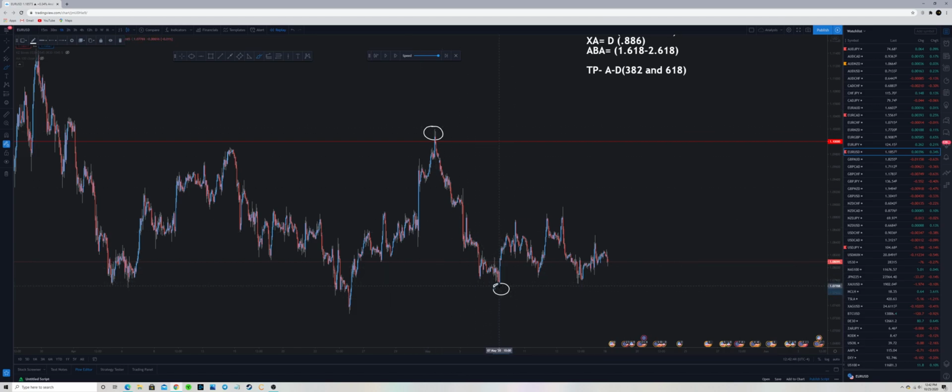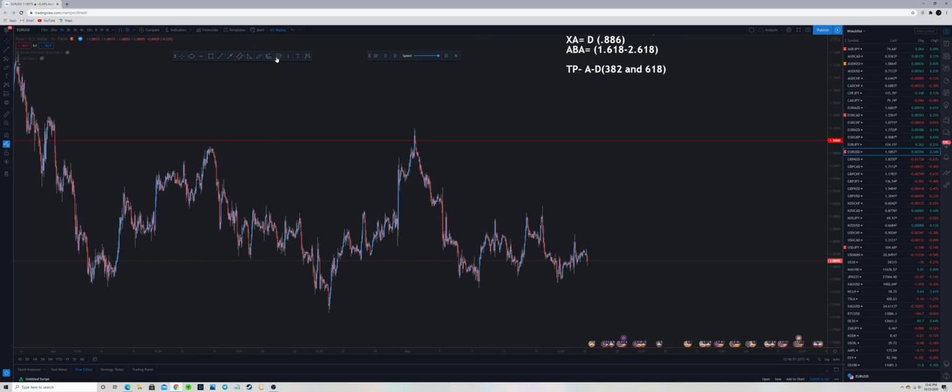This is what we take our Fibonacci from. We take it from the wicks, always from the wicks. So let's just do that right now.